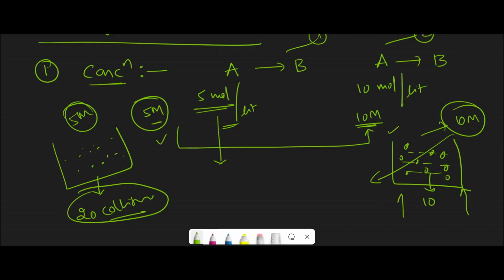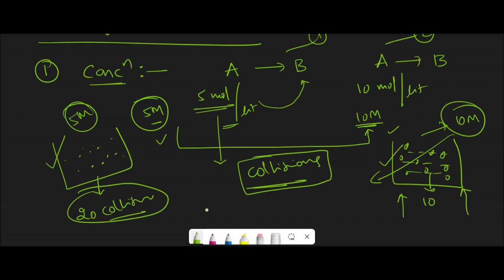So when the number of collisions increases, the rate of formation of product will increase. That means the formation of product depends upon the collisions occurring between the reactant molecules.